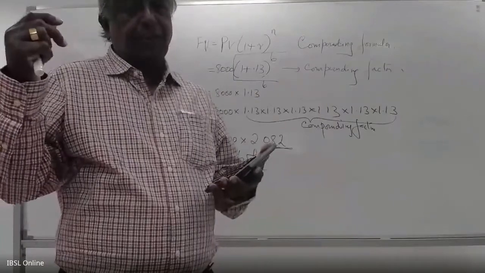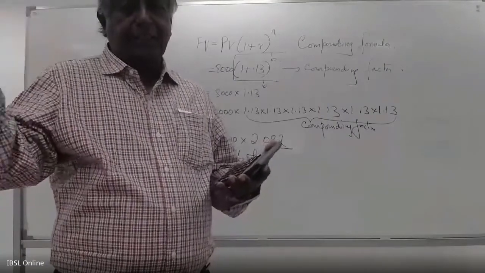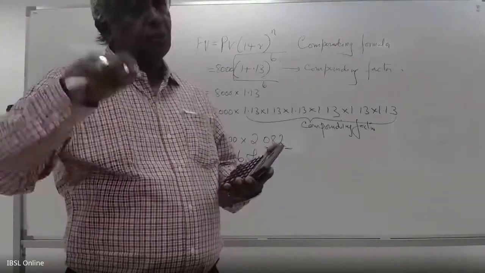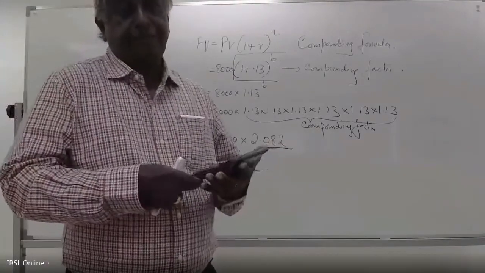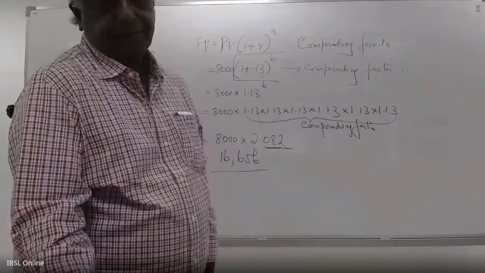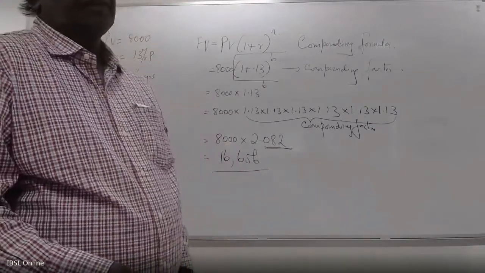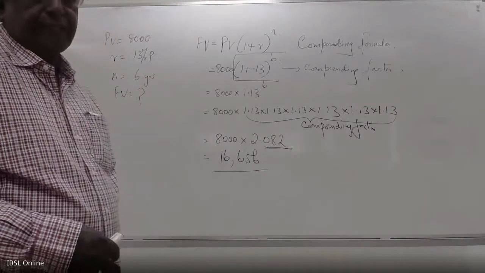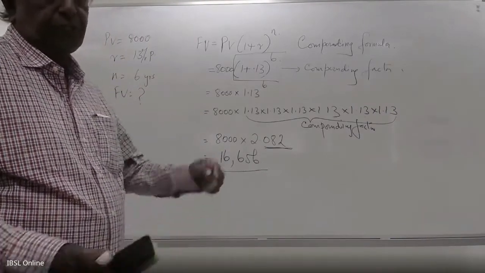Similarly, later we are going to learn the discounting factor. They will give the discounting factor, so use those discounting factors since they are giving them. So this is compounding: converting present value into future value.